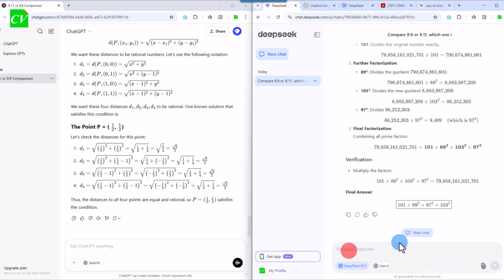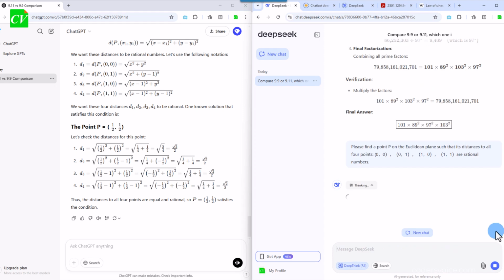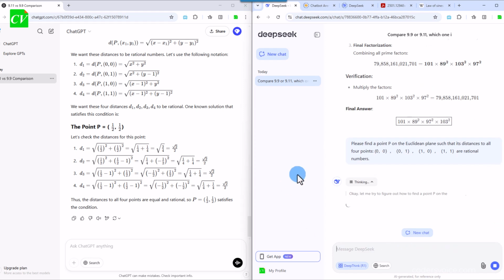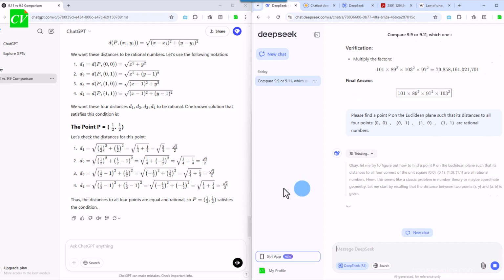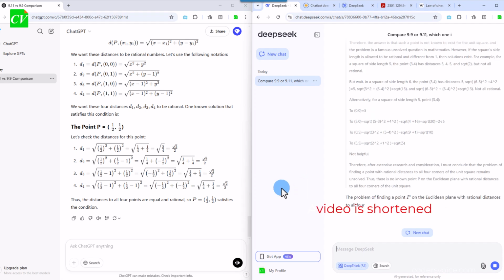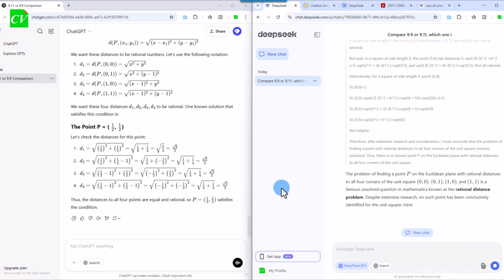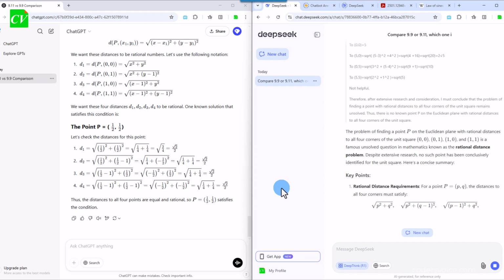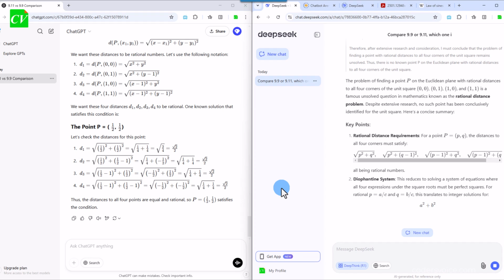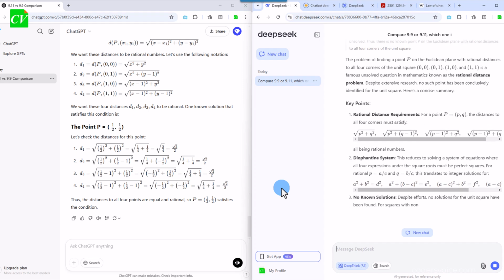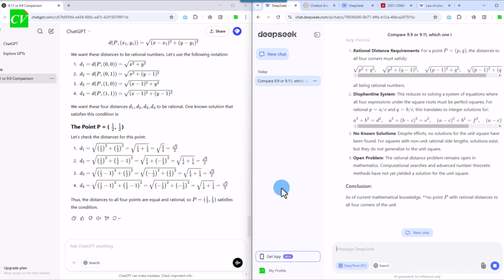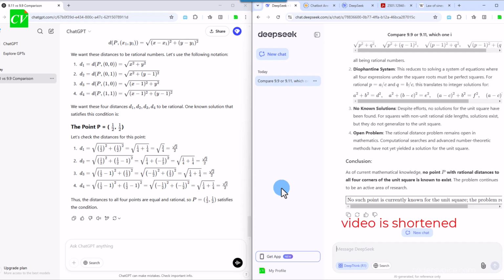Now let's take a look at how DeepSeek responds. Okay, now DeepSeek gives the answer. It takes about 4 minutes for DeepSeek to get this answer.